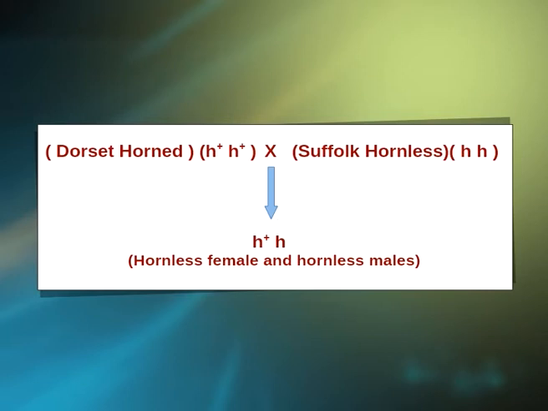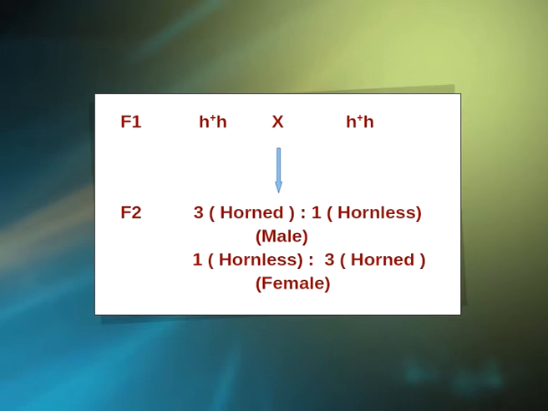When F1 progenies wherein the genotype is H plus H are intercrossed, in the resulting F2 progeny, males segregated as 3-horned and 1-hornless, while females segregated as 1-horned, 3-hornless.